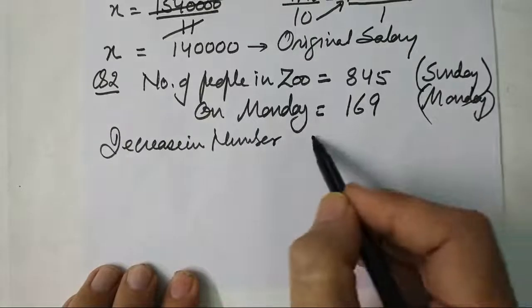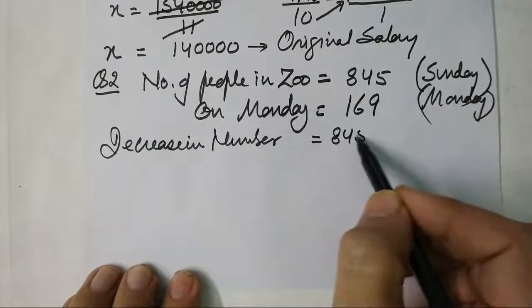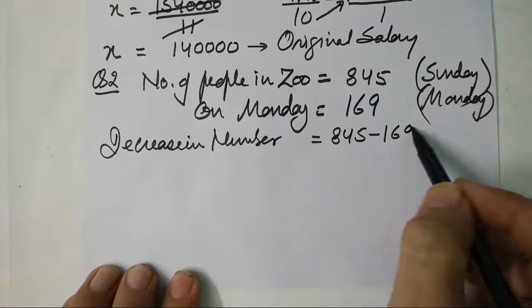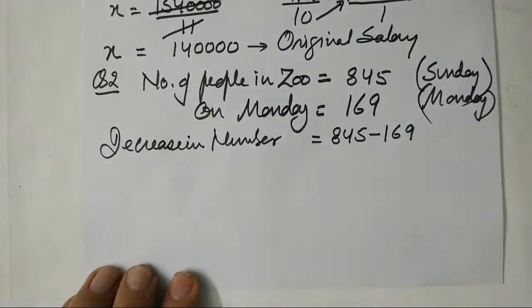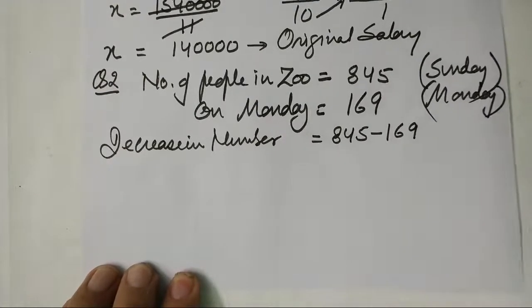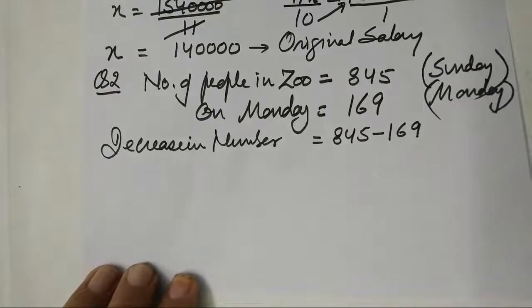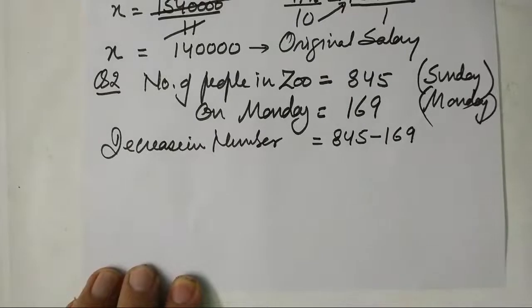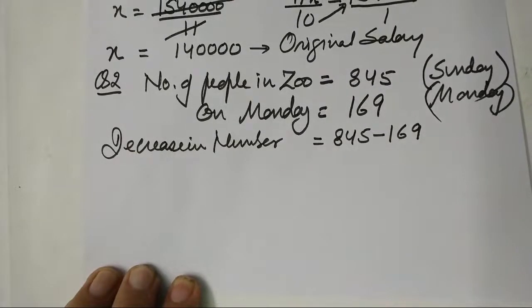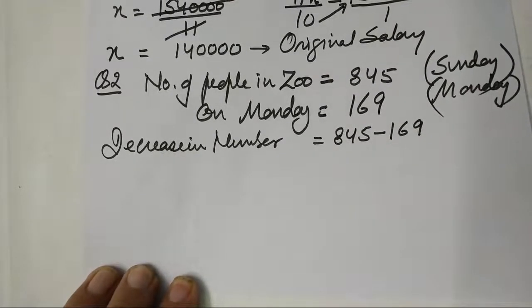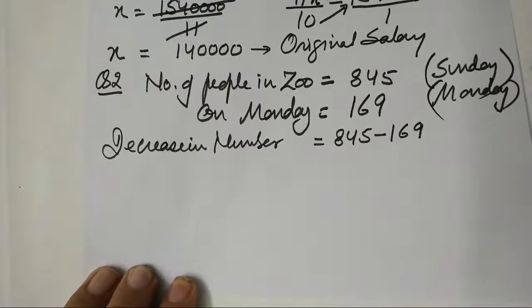So what is the decreasing number? It is 845 minus 169. So you have to just subtract and get the value, which will give you how many people did not go.